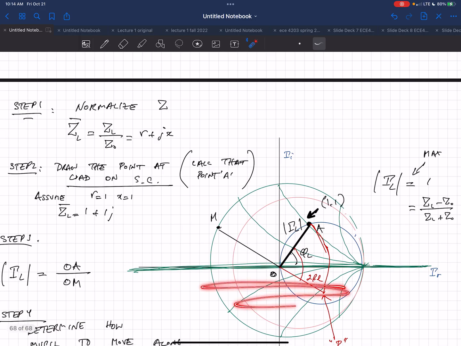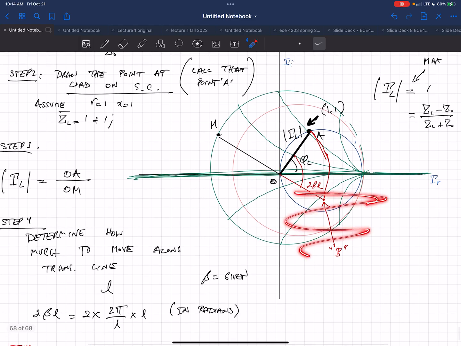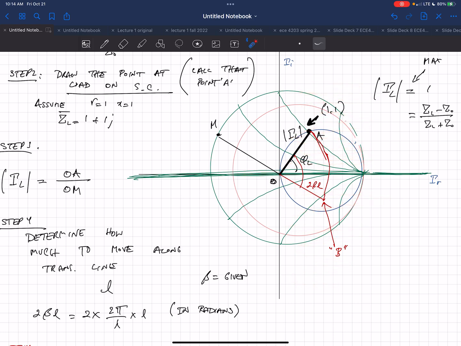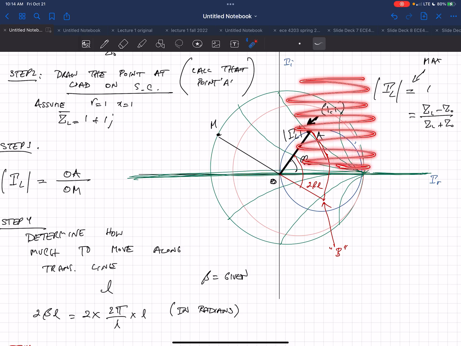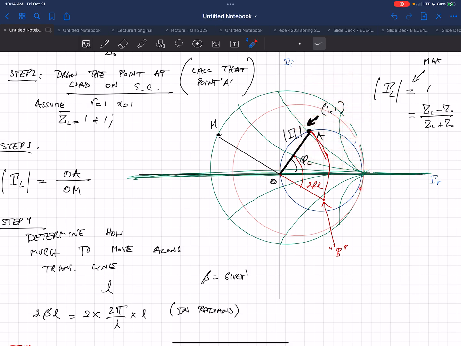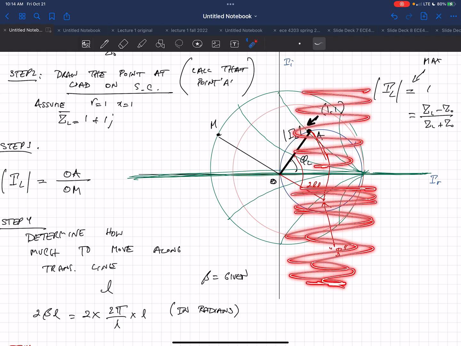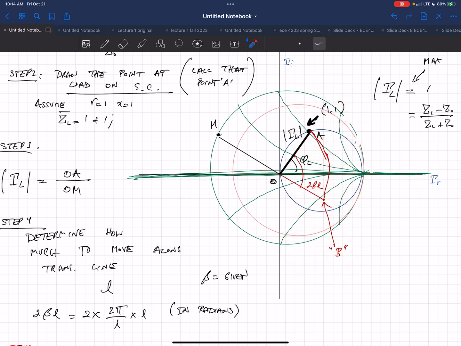Remember, this bottom part is capacitive. This top part is inductive. If I'm reading impedances, these are positive and complex, and these are negative and complex. So this looks like a capacitive load, this looks like an inductive load, and this looks like a purely resistive load.